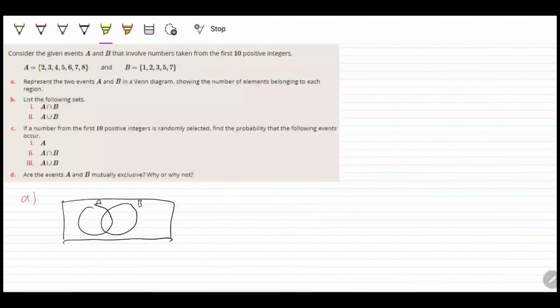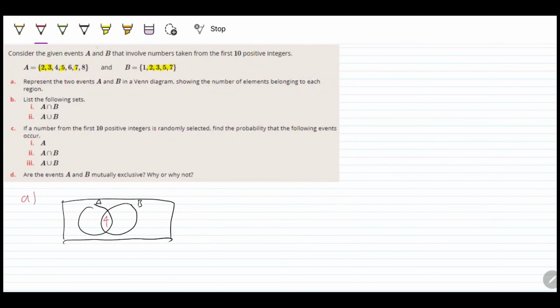For A and B, there are 2. They both have 3, and they both have 5, and they both have 7. So that's a total of 4 elements which are common between both.